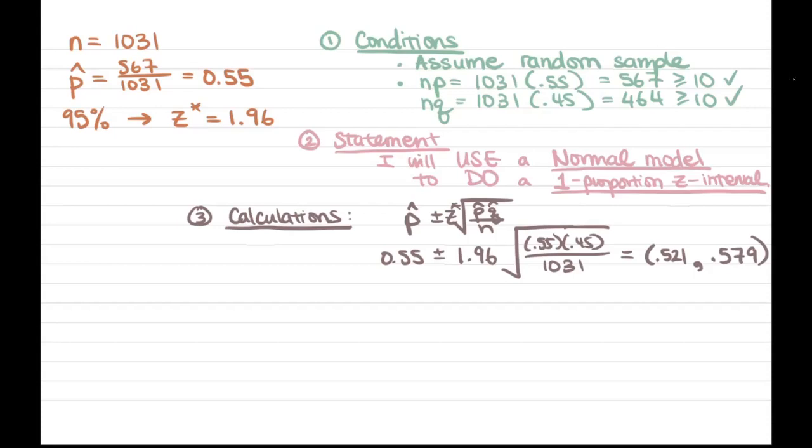So this leads us to our last step, guys, which is to state our conclusion. Our conclusion always starts with how confident you are. Not as a person, but in the interval. So start with: I am 95% confident.